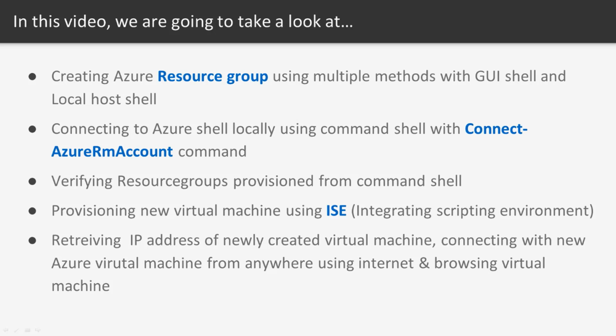In this video, we are going to take a look at creating an Azure Resource Group using multiple methods: the graphical user interface, the Azure shell, and the local host shell. We are also going to connect to Azure locally using the command shell with the Connect-AzureRmAccount command.